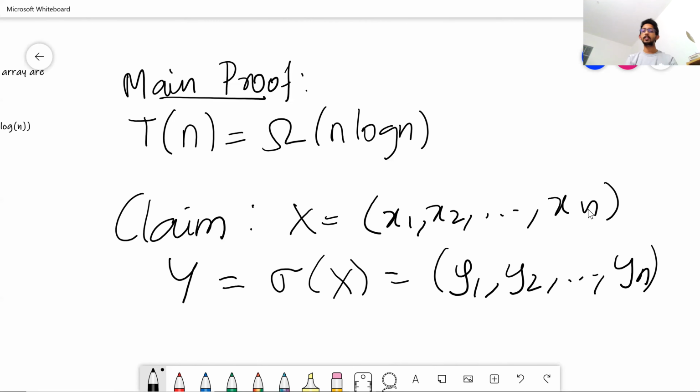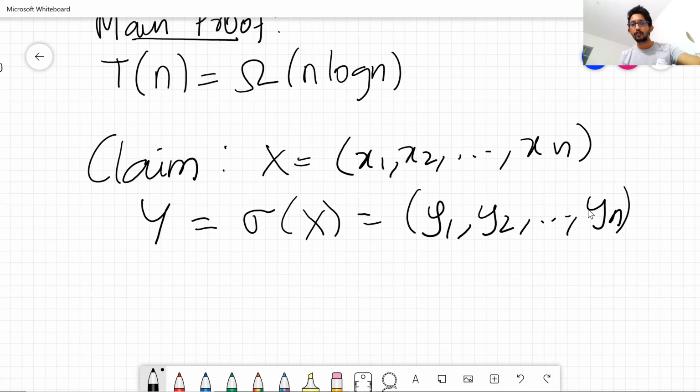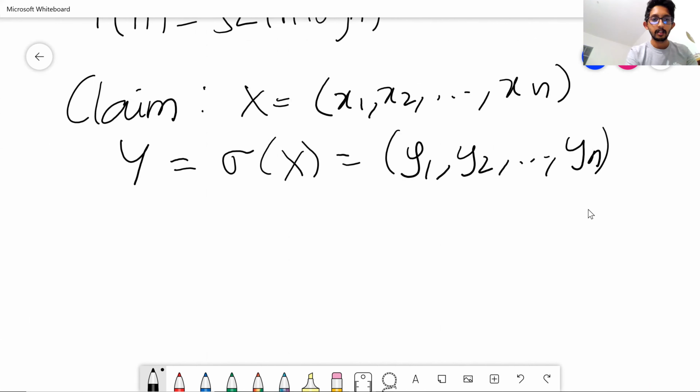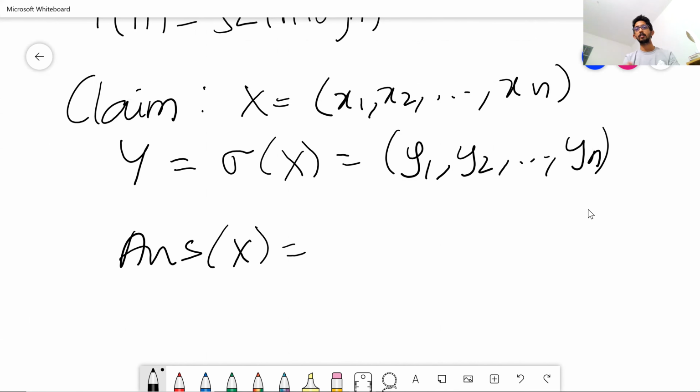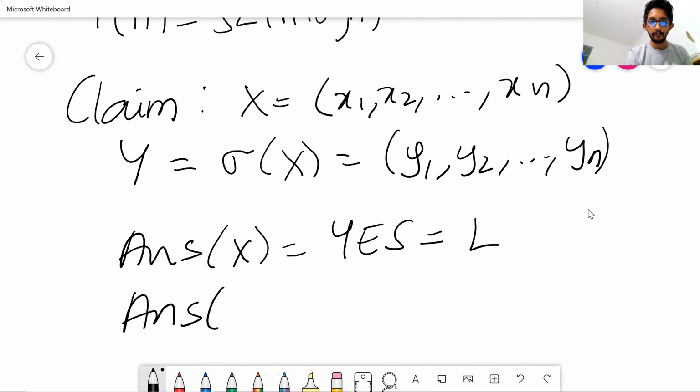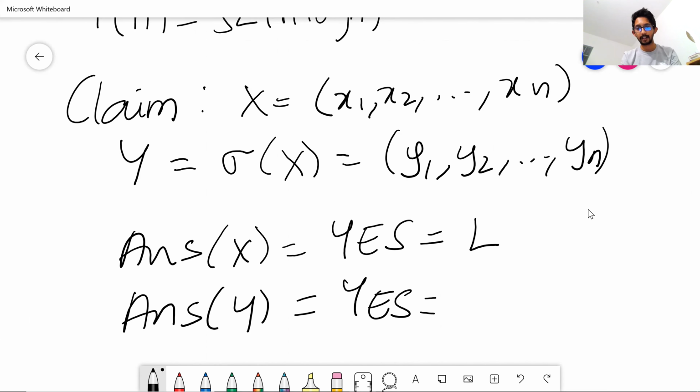The sizes of x and y are the same, they're just shuffled. Let's assume that x has all distinct numbers. So obviously the answer for x is yes, and it goes to a leaf node called L. Then the answer for y is also yes, obviously, because it's just a permutation of x.